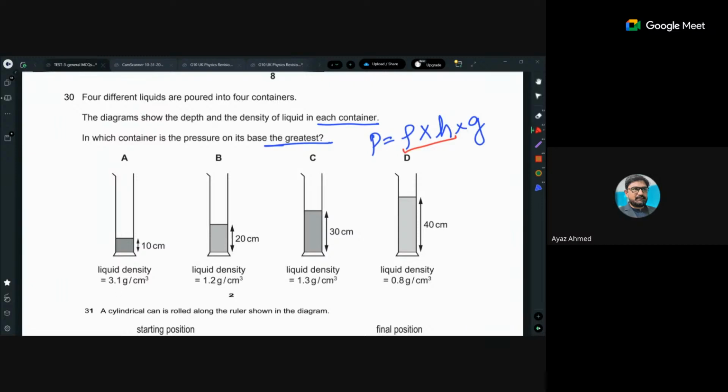Density 3.1 into 10, your answer would be 31. 1.2 into 20, answer will be 24. 1.3 into 30, answer will be 39. And 0.8 into 40, answer will be 32. Okay? So your option will be C. Is this clear to all? Yes sir. Okay.